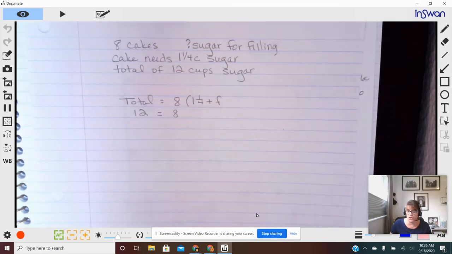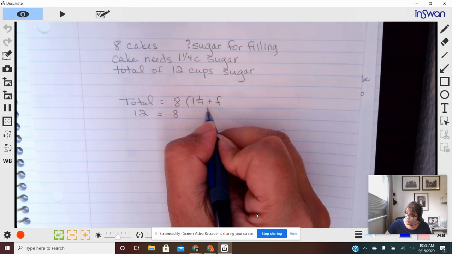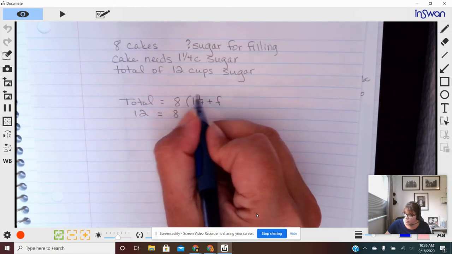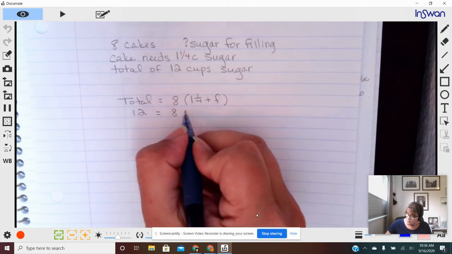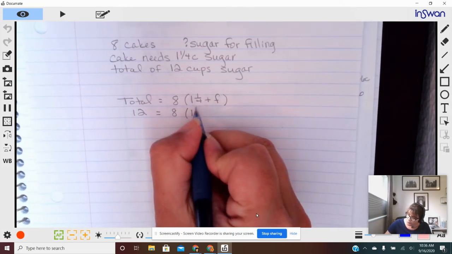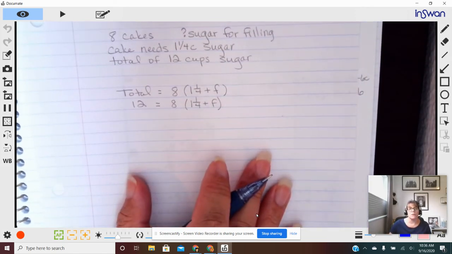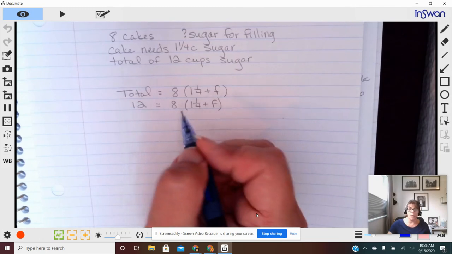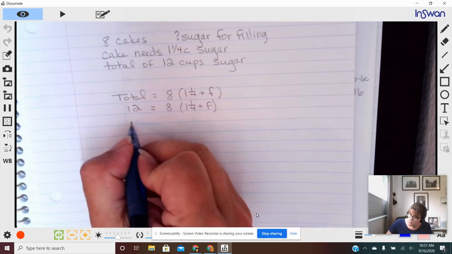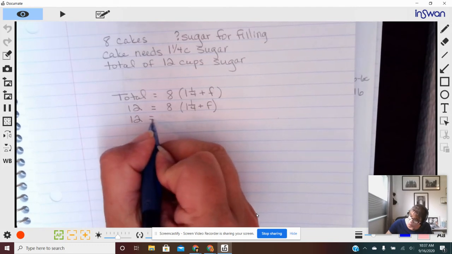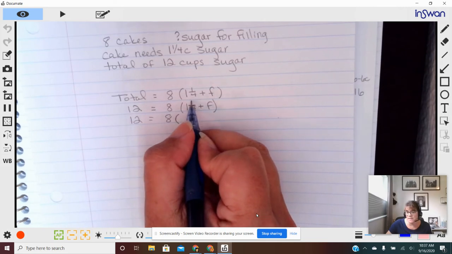I don't know how much sugar. So this is the known amount, and this is the unknown amount for filling. Now, look what happens here. By using distributive property, we can get somewhere. So 12 equals 8 times, well, the best thing to do here is make this an improper fraction.